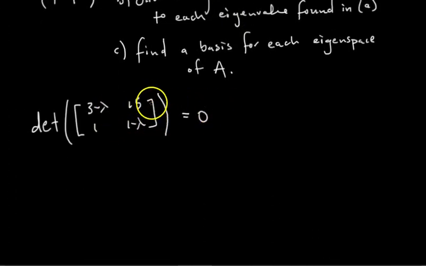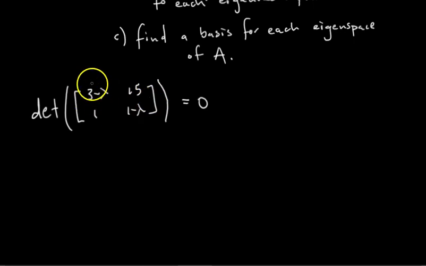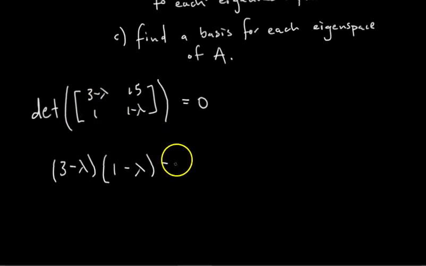And how do you do the determinant of a 2 by 2 matrix? You do this product minus this product. You guys remember. 3 minus lambda times 1 minus lambda minus 15 times 1, which is minus 15, equals 0.